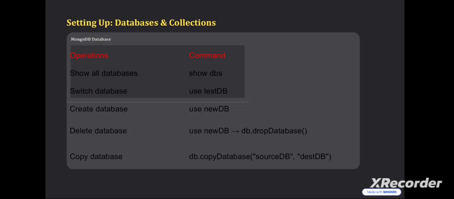And then to delete the database, first we have to switch to the database, and then we have to use db.dropDatabase. So the db refers to the current database which has been selected. And if you want to copy the data from one database to another, we have to first select the database, and using db we have to use the function copyDatabase, and then we have to provide the source and destination.